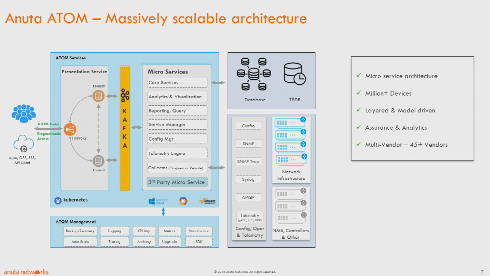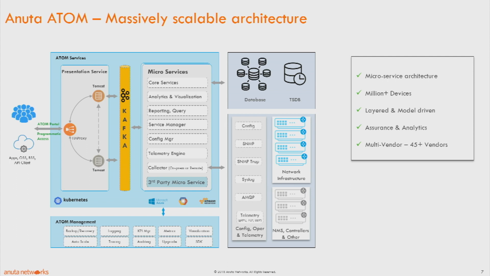If you look at the architecture, it integrates with the multi-vendor infrastructure using southbound standard interfaces, which could be SNMP, CLI, XML, anything we can talk to the infrastructure with. It can be integrated with the NMS controllers and vendor infrastructure, and it takes care of protocols like SNMP, syslog, AMQP, and collects all the configurational and operational data using telemetry.